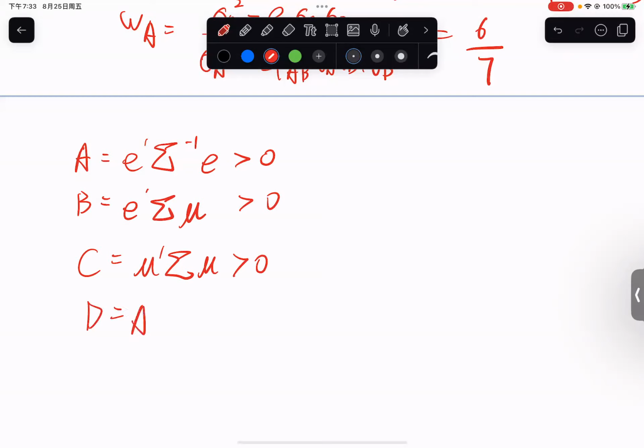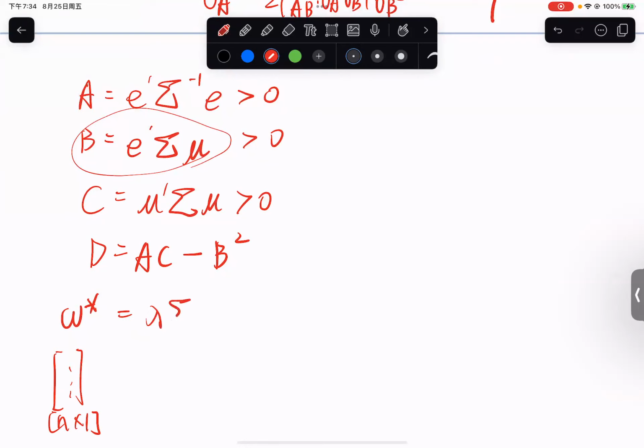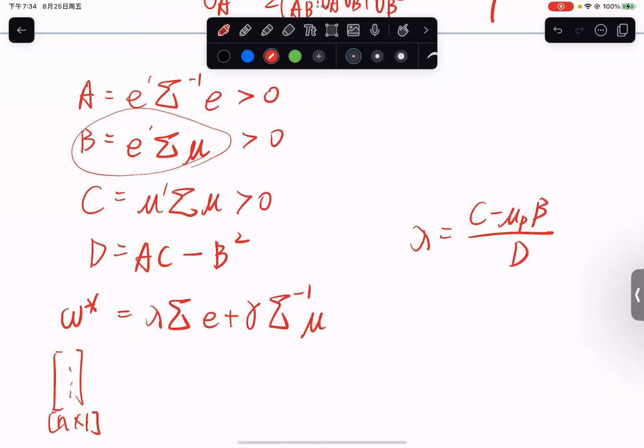And we define D equal to AC minus B squared. You see, B is like the intermediate. And then we are going to argue that the best weight, which is an n by 1 matrix, is going to be lambda Sigma inverse E plus gamma Sigma inverse mu, where lambda is going to be (C minus mu_P B) over D, where mu_P is the mean of the portfolio.